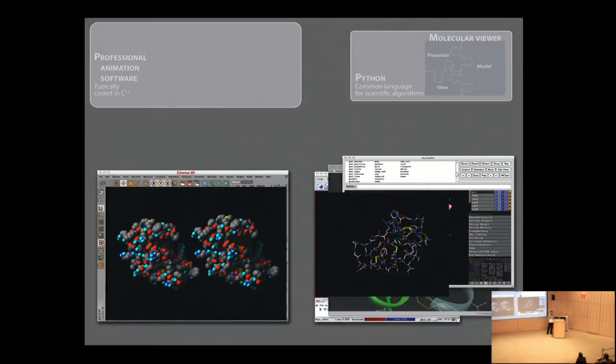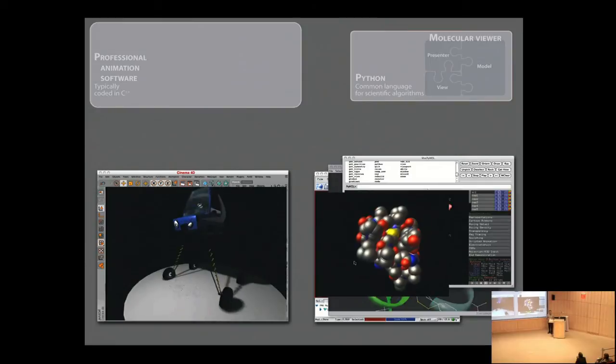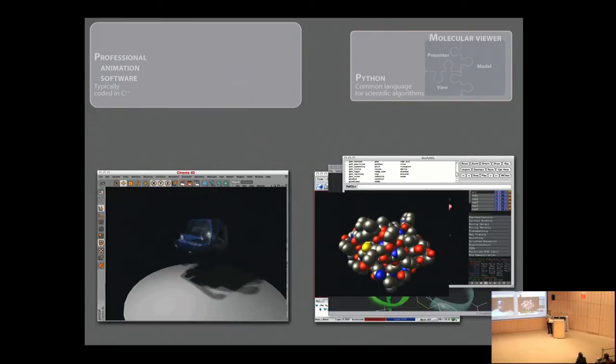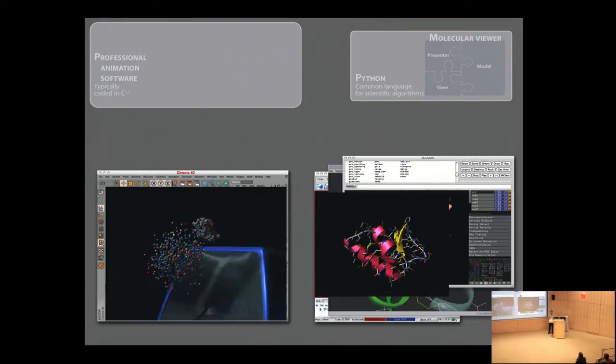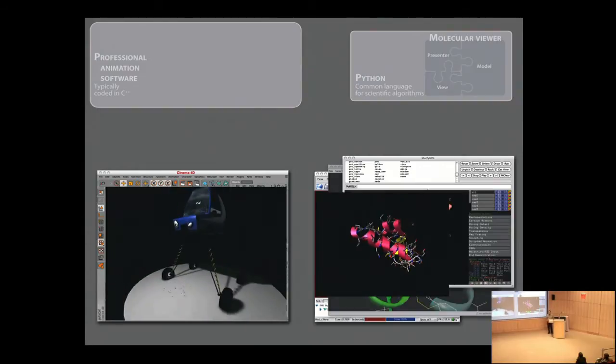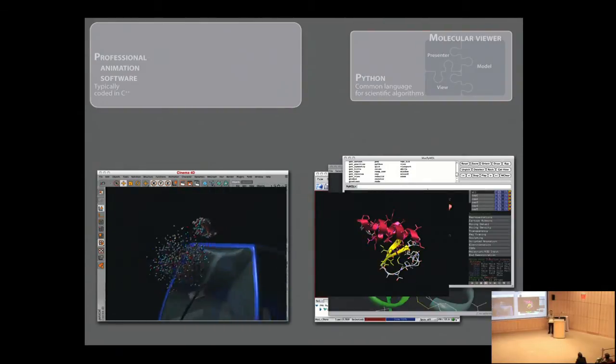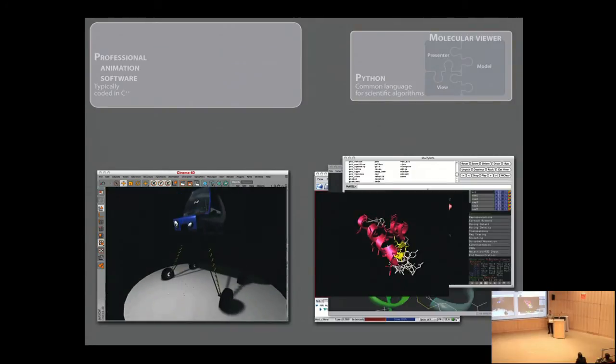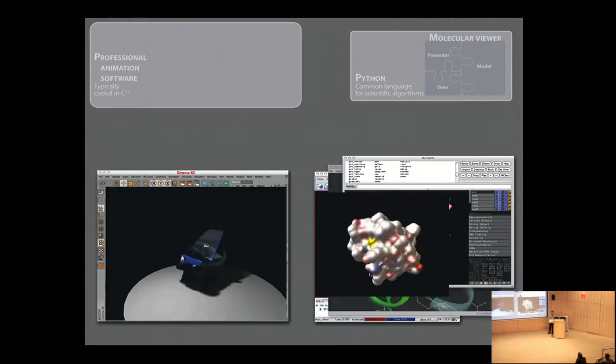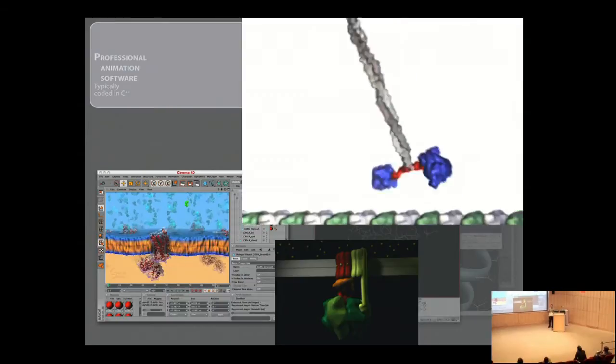So on the one hand, we've got Hollywood that can do anything that they want with physical objects. And on the other hand, we have all of these powerful molecular modeling tools that can do anything that we want, we think, with molecules. But the problem is that these two communities are totally separated.